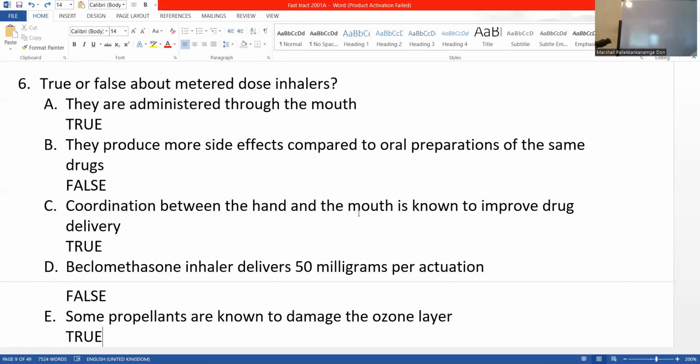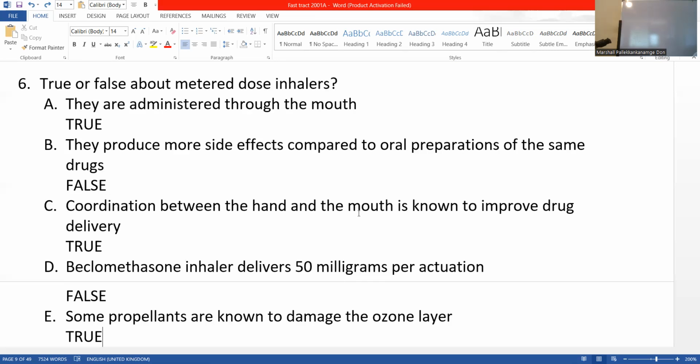C, coordination between the hand and mouth is known to improve drug delivery. That is true. As a pharmacist, you have to train the patient when you issue this metered dose inhaler. You have to demonstrate how to inhale.